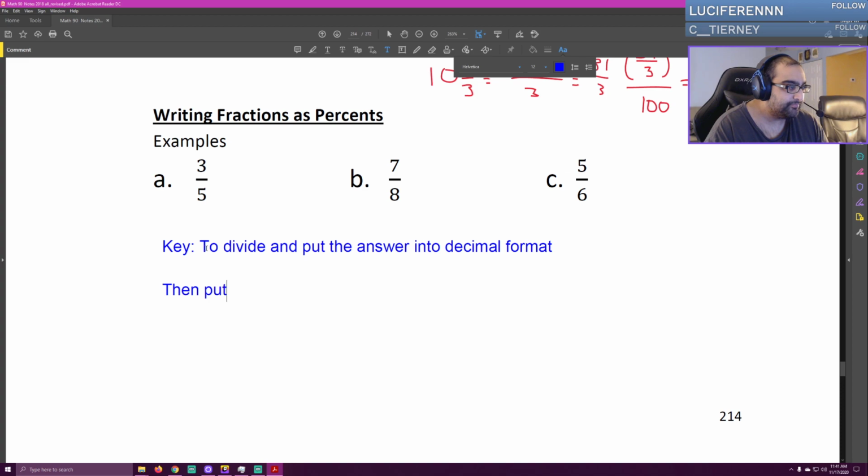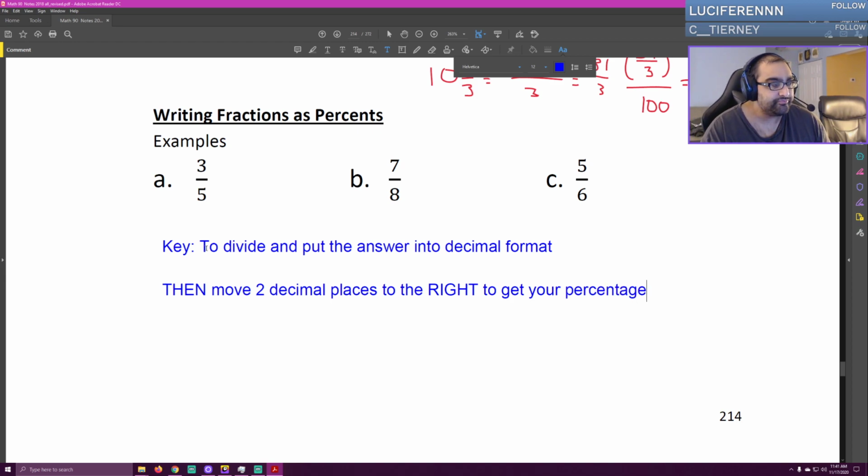Then move 2 decimal places to the right to get your percentage.